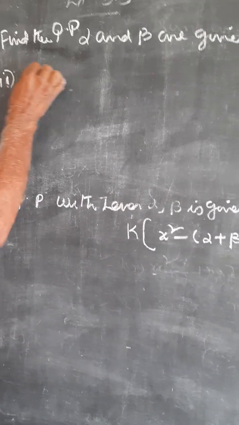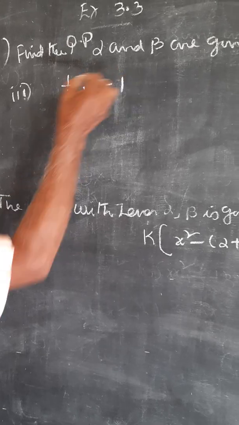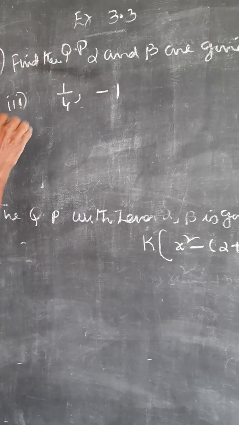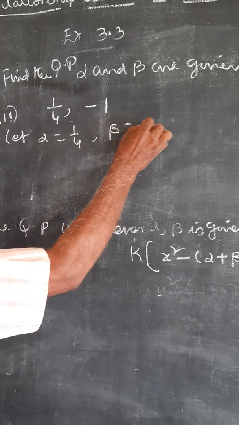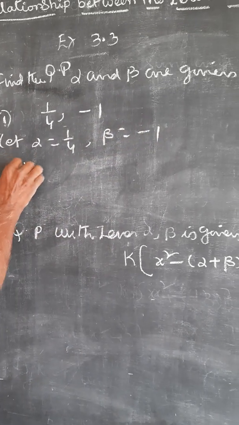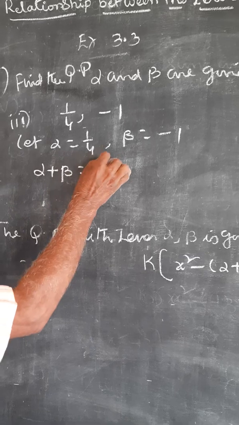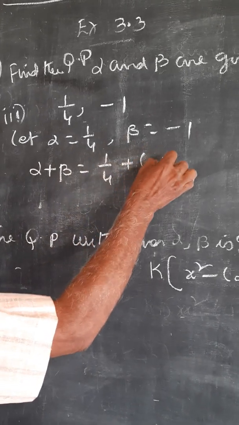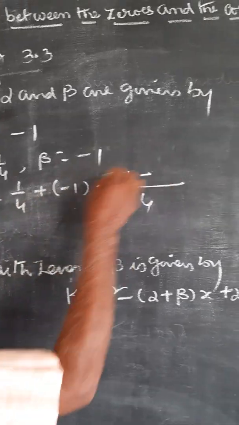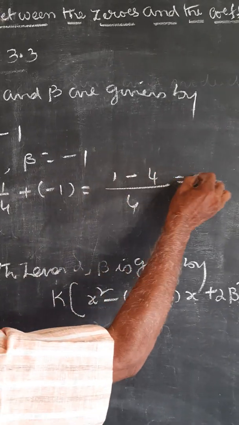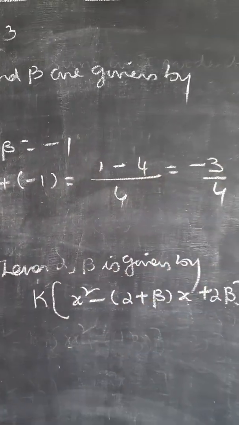Third bit, 1 by 4 comma minus 1. Let alpha is equal to 1 by 4, beta is equal to minus 1. Sum of the zeros, alpha plus beta, 1 by 4 plus minus 1. Take LCM 4: 1 minus 4 ones are 4, 1 minus 4, minus 3 by 4.